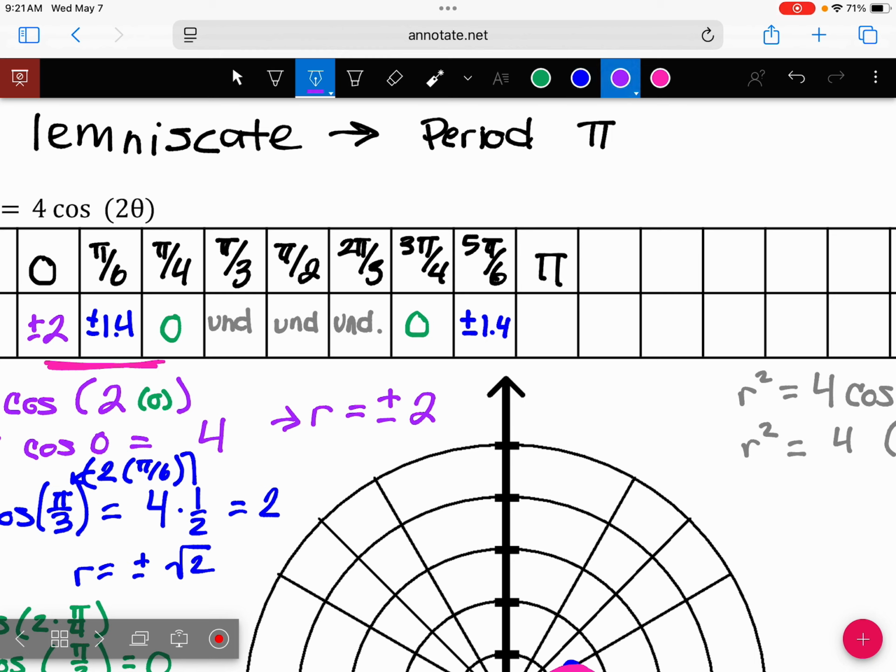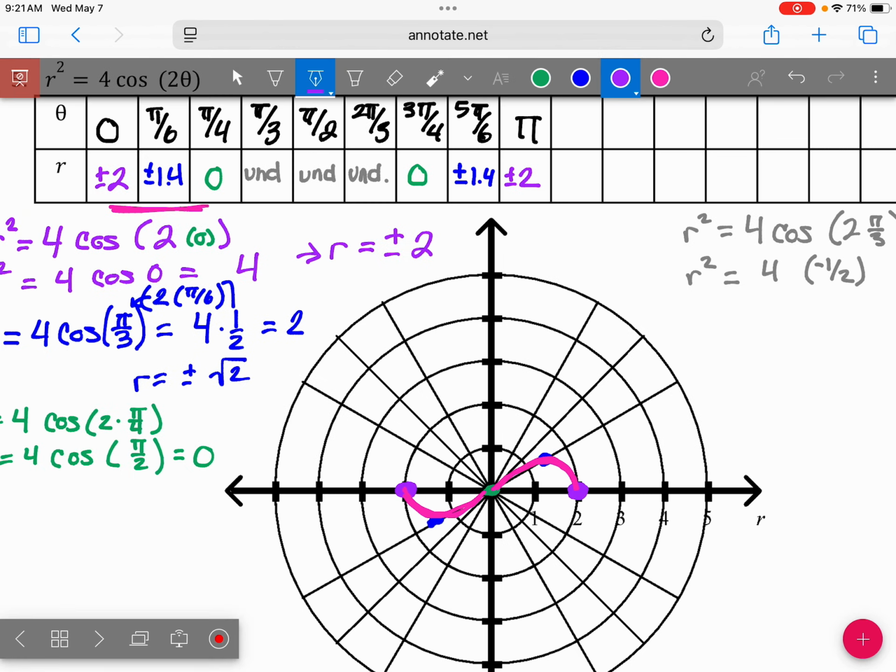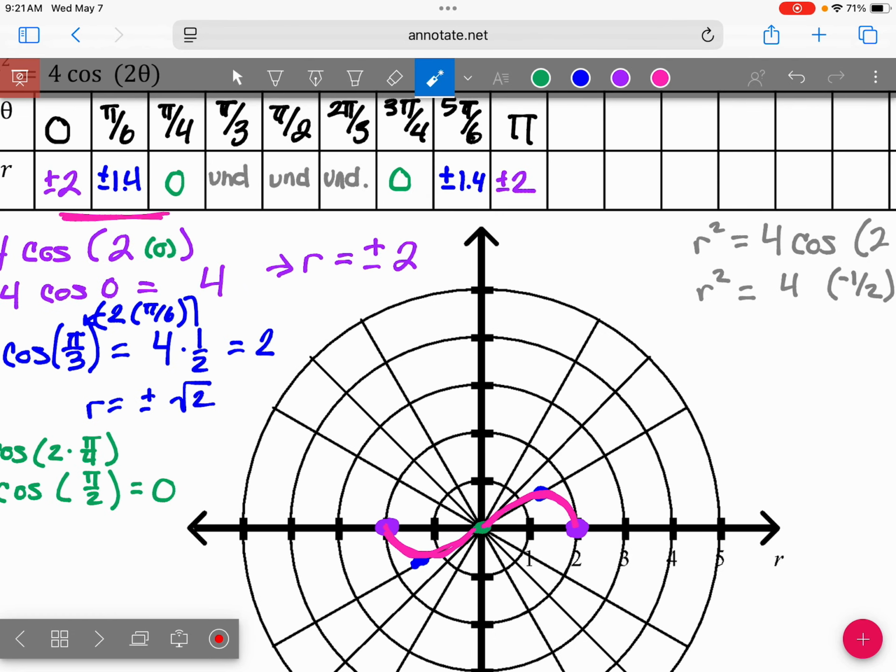And then for pi, what do we get? 2. But again, plus or minus. So we just leave it how it is. Let's take a look. If we look at 3 pi over 4, that's this guy. We're good. It's already on there. But 5 pi over 6, that's this angle. So I need to have a point at positive 1.4, so we're out here, and a point at negative 1.4, so down here.